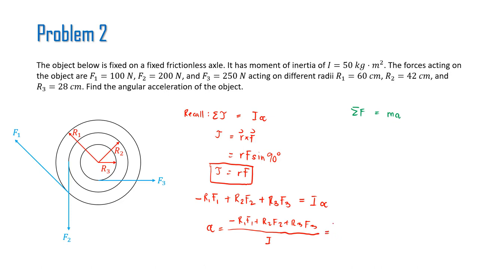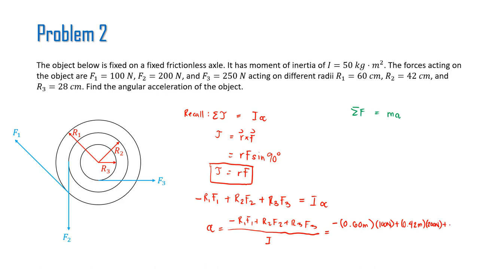So we have minus, your R sub 1 is 60 centimeters, which is equivalent to 0.60 meter, multiplied by F1, which is 100 newtons, plus 42 centimeters converted to meter, that is 0.42 meter, multiplied by 200 newtons.